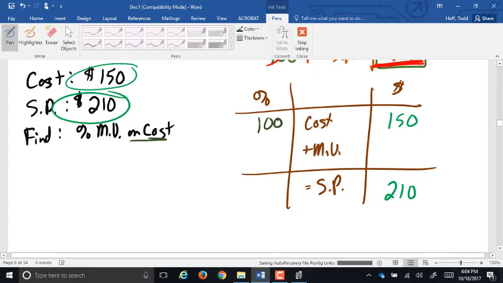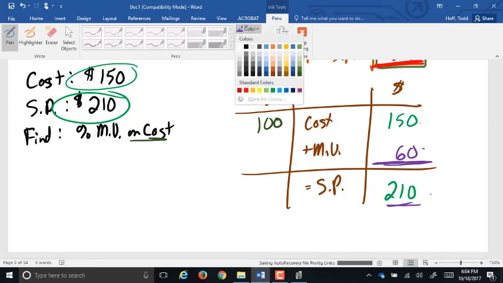It's on cost, so the 100% goes with the cost. There's one thing we can very quickly calculate here, and that is the dollar amount of the markup. How would we find it? Yeah, 210 minus 150. Subtract, right? Those two have to add up to the 210. You just subtract.